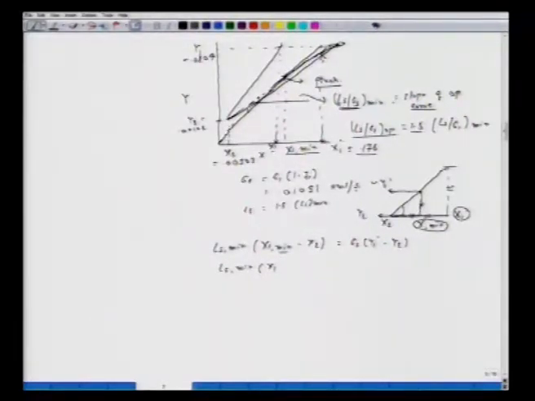Ls min times x1 star minus x2 equal to Gs times y1 minus y2. So, idea is that it is up to you, either you read this x1 min from the tangent, or you read this x1 star where the tangent makes the intersection with this y1 line, either of the two will give the same result here, because we have to find out the slope.